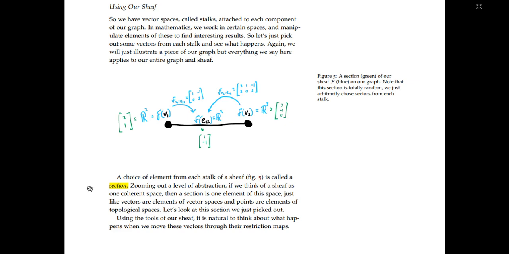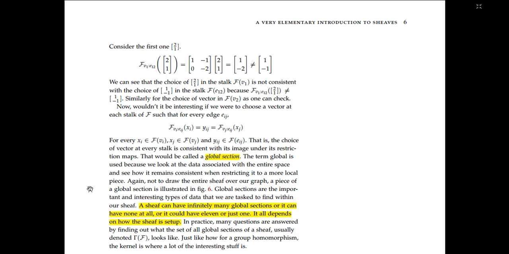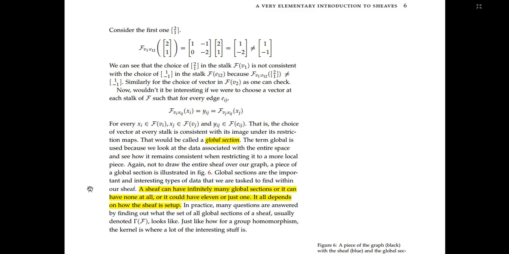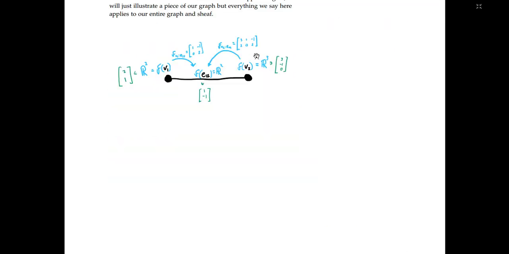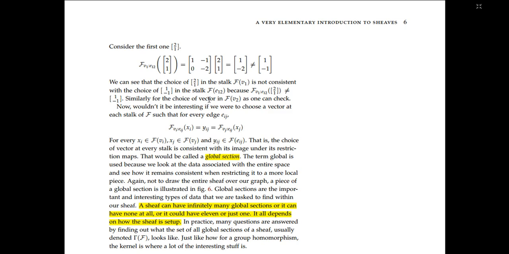These sections, we can apply the linear transformations to them and get some vectors. And as you can see, these vectors may be different for the edge that we had above. Like we get a different vector if we apply differently linear transformation associated.